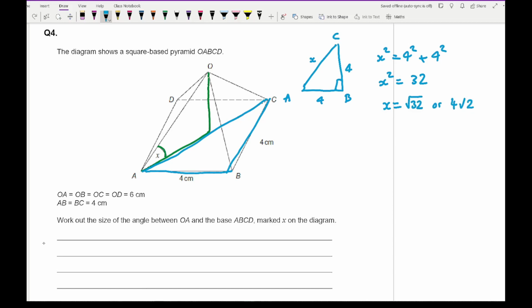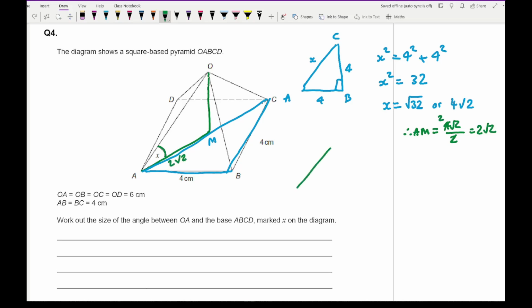If I label this point as M, I can then work out AM, which is going to equal 4 root 2 over 2. Cancel the 2s, so it becomes 2 root 2, and that is this length here.